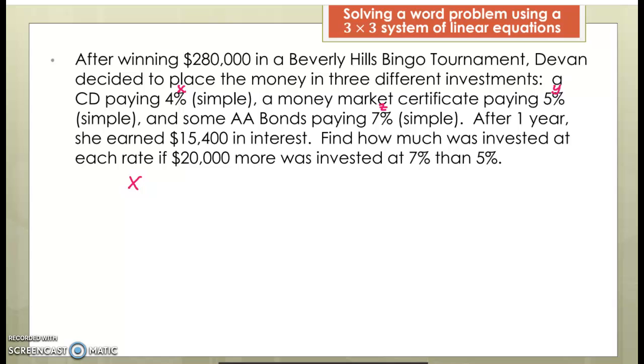So that means the amount in account X, or the amount in the CD paying 4%, we're going to say is X. And then we're going to add the amount in account Y and add the amount in account Z. And that's got to equal $280,000.